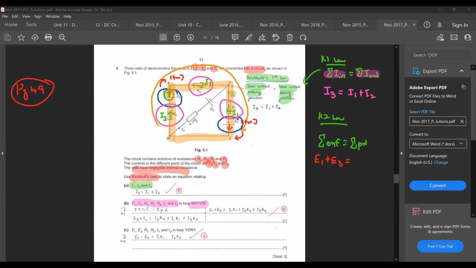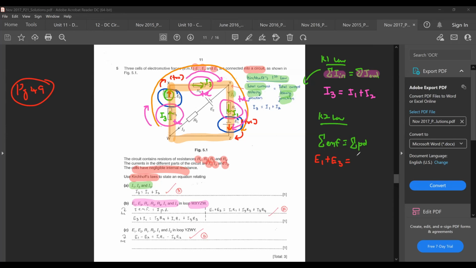If you just look at R3 itself, maybe I'll use pink. The current I3 through R3 has a tendency to flow like this, clockwise. So this one is going to be positive. The current I3 through R4 also has a tendency to flow clockwise. So this one is going to be positive. The current I1 through R1 also has a tendency to flow clockwise. So this is going to be positive.